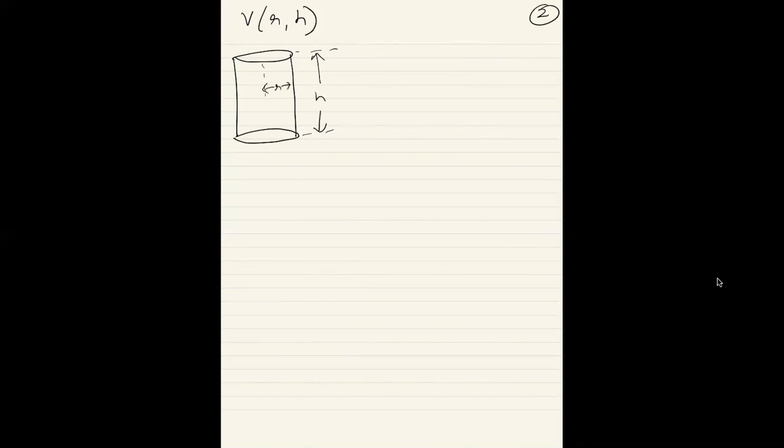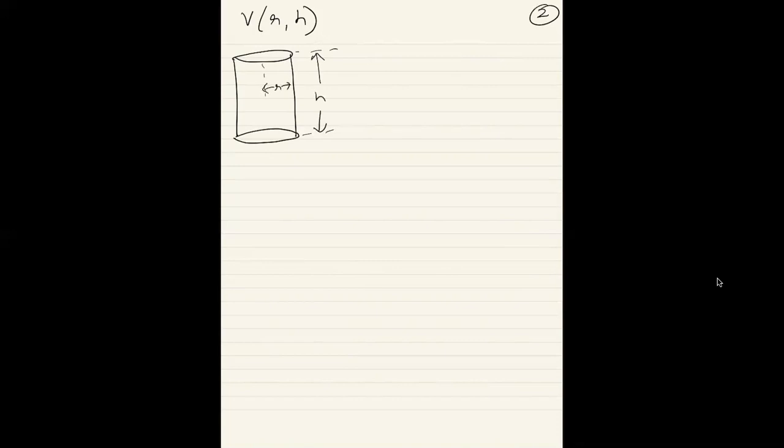Let's consider a function of two variables, the volume of a cylinder as a function of its radius r and height h. So we have a cylinder that looks something like this. We have a height h and we have a radius r.